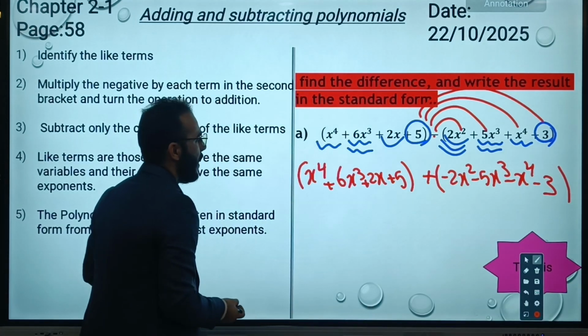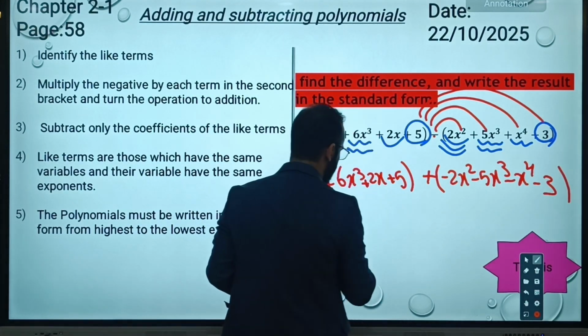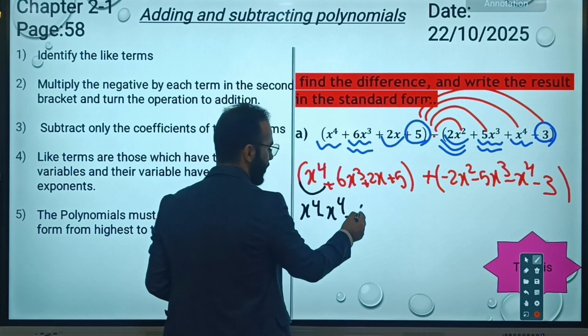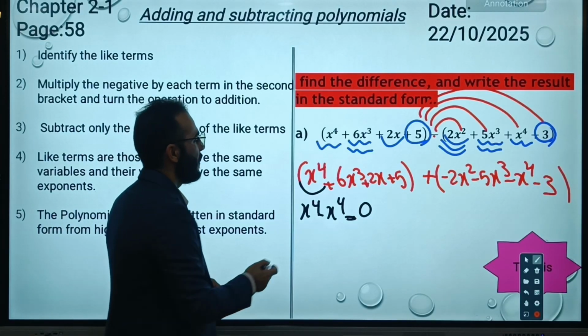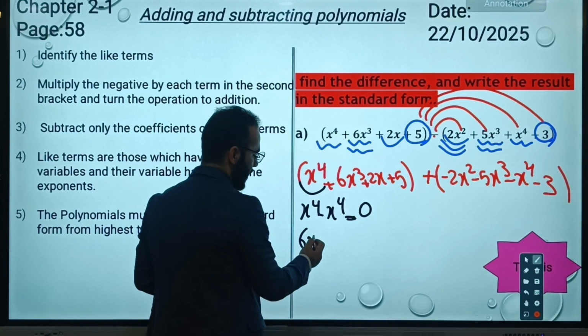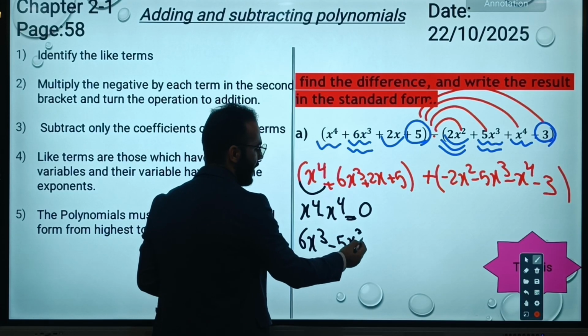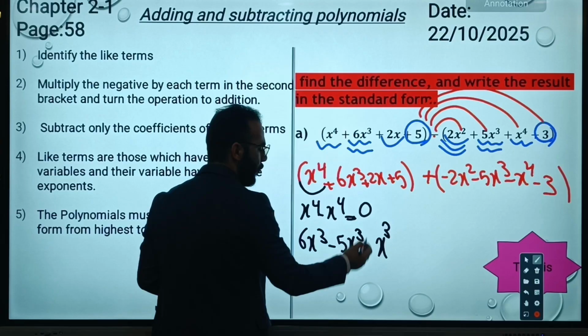So right now, we have x4 plus negative x4, so x4 minus x4 basically. We are going to kill each other and 0 will be left, so nothing in terms of x4. And we have 6x cubed minus 5x cubed. So 6 minus 5, only 1x cubed would remain.